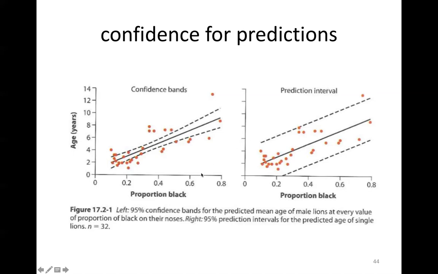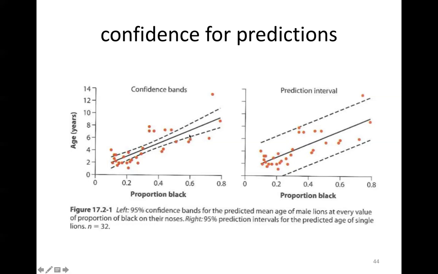So the difference is that in the confidence bands, we are calculating where we would expect, given the data and assuming a linear relationship, the regression curve to pass through.